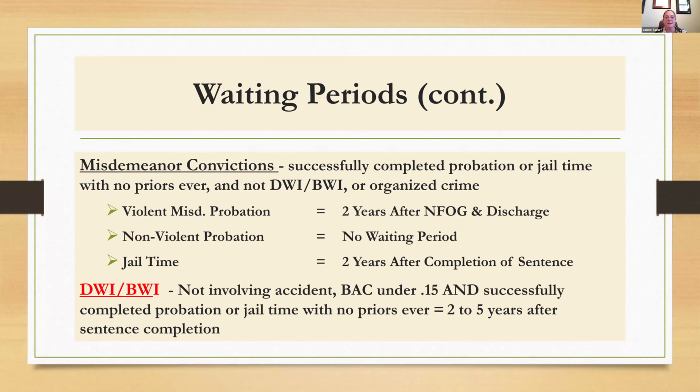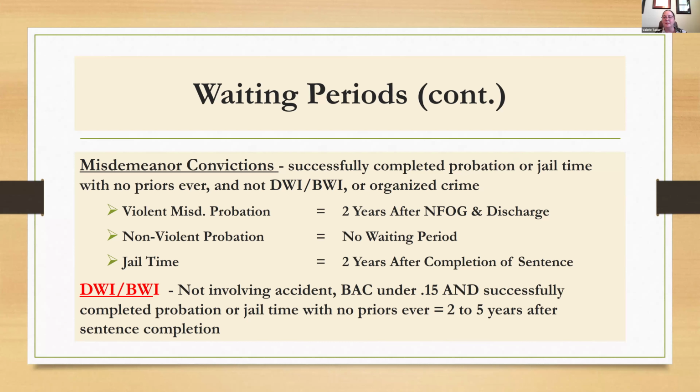Yeah, as I'm going through it, I'm realizing I already covered most of this, which is fine. But yeah, 2 years. So after an assault, successfully completed probation or jail time with no priors ever, you're looking at 2 years.